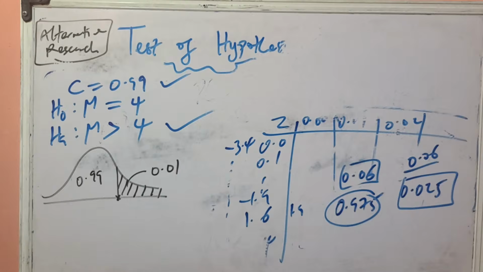So what you have to do right here is go on now to your positive Z table and look for the area 0.99. Ask yourself what was the corresponding Z score in that case.